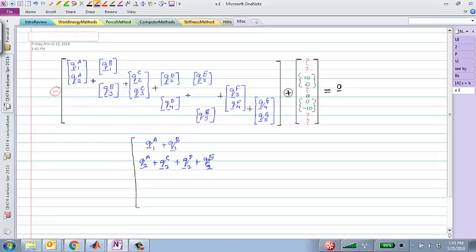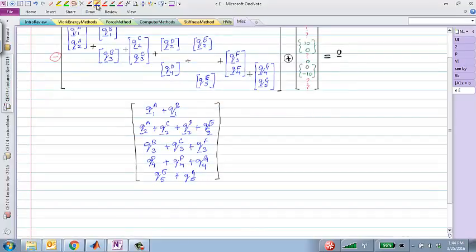And similarly, if you look at 3, QB3 plus QC3 plus QF3, and finally for Q4, QD4 plus QF4 plus QG4, and for 5 we have QE5 and QG5. So what we have here is a 10 cross 1 vector.